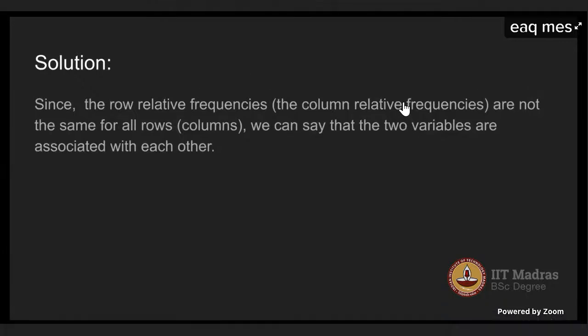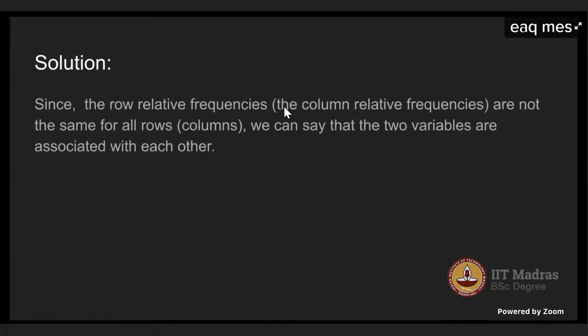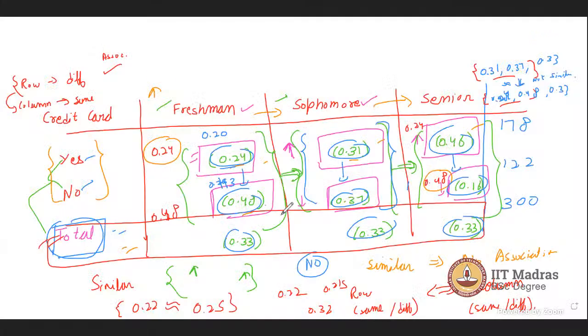Sir, I didn't get a clear idea. If the row frequencies are not similar or the column frequencies are not similar, we can say the association is there or not there? Association is there. Okay, see. These green ones are row relative frequencies. Here you can see that these are not the same for each row, right?